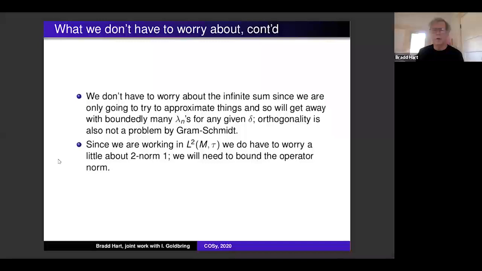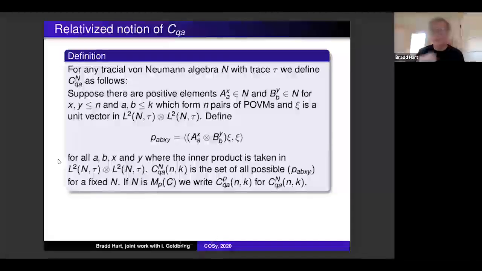All right, sorry, I thought I was going somewhere else here. Let me try, in the last 3 minutes, a relativized version of CQA. I said I want to apply this to any tracial von Neumann algebra.